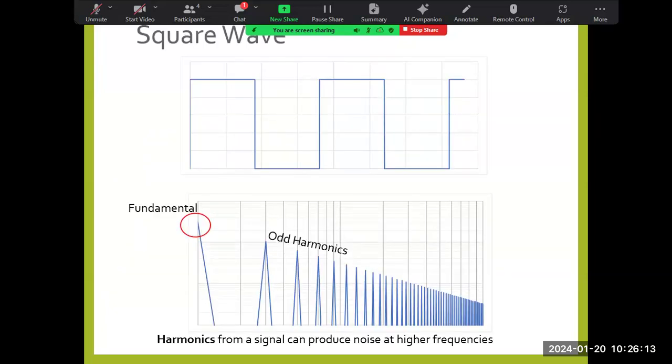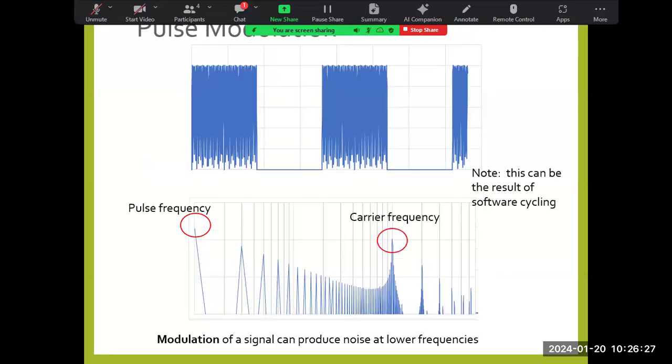Square wave. Square wave is exciting because it has so many components. When you look at the Fourier transform, it's like out forever. And so you have noises from something in low frequency at higher frequencies. And you can see the pulse frequency, the carrier frequency.